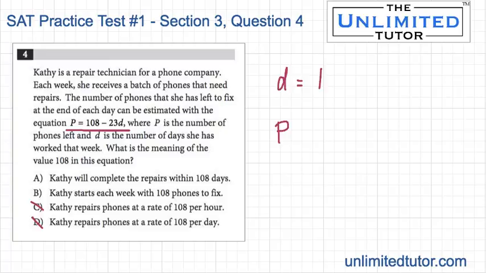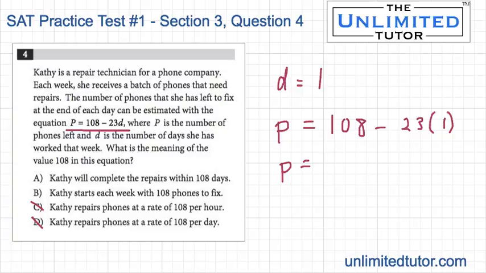P, the number of phones left, equals 108 minus 23 times 1, because D is 1. Let's see, 108 minus 23. I shouldn't use the calculator.